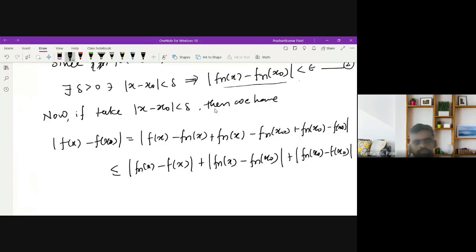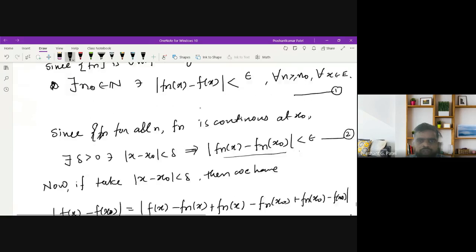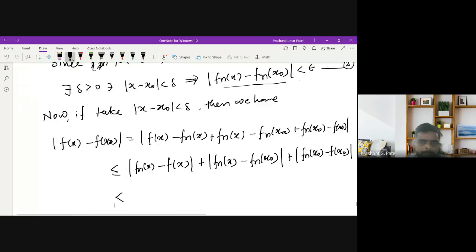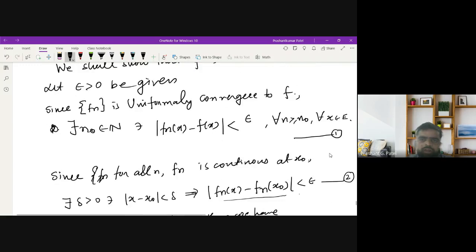In the first modulus, we use statement number 1, which tells you that fn(x) converges to f for every point in that set, so this is epsilon upon 3. I have 3 terms, that's why I'm adjusting epsilon by 3 here. Here also epsilon by 3.